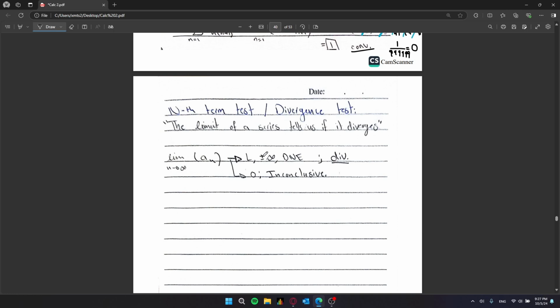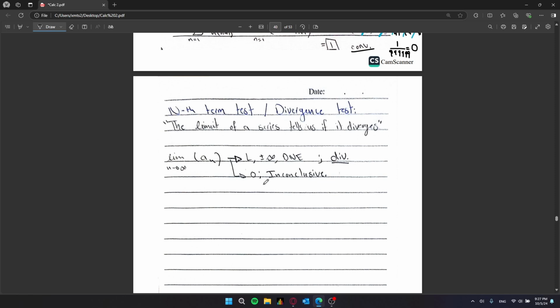So if the limit gives you a number or gives you infinity or it does not exist, then for certain that series diverges. However, if you take the limit of that series and it is 0, then you cannot definitively say that this series converges. You say that the test has failed. You cannot determine if it diverges or converges if the answer of the limit is 0. So you have to use a different test.